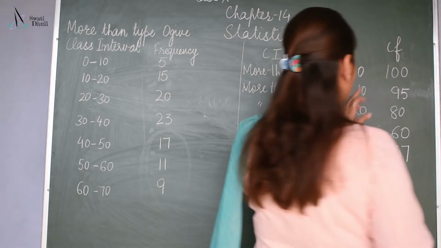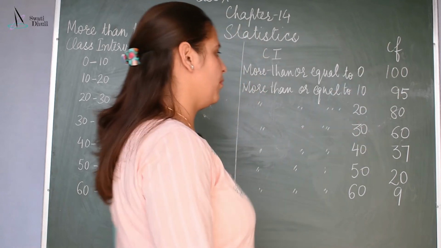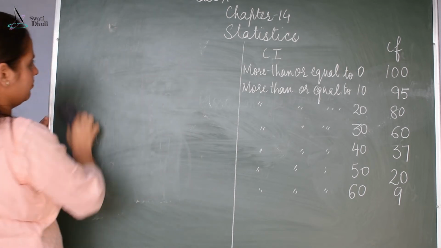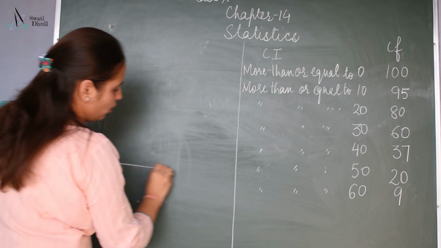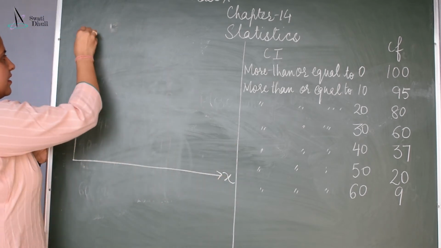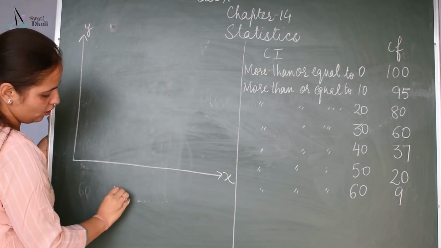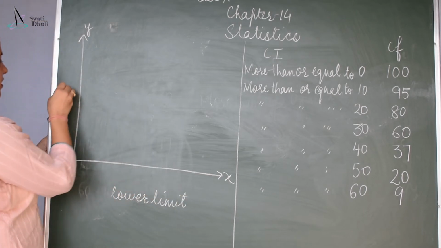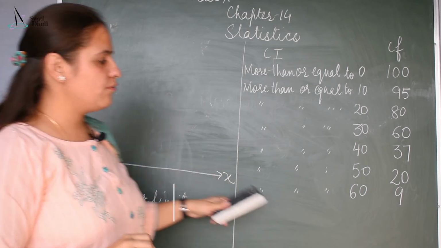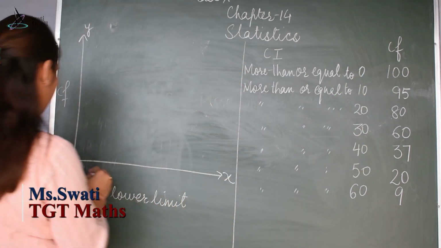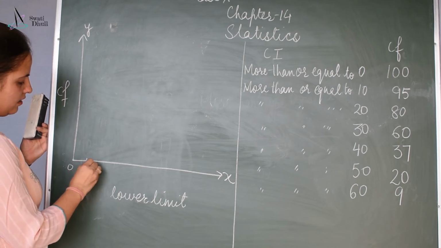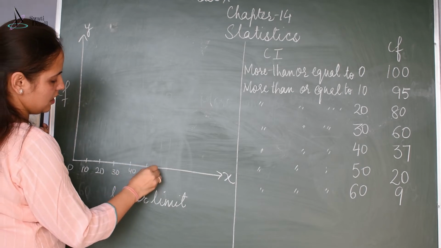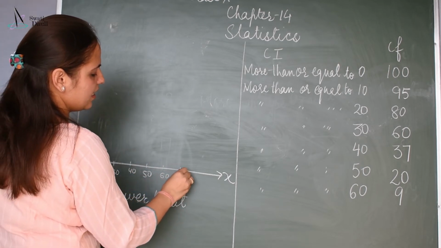So now we have got the lower limit as well as CF. Now we will plot the more than type ogive. Let's draw x-axis and y-axis. On x-axis is your lower limit, and here is your CF. Now from 0, we will have 0, 10, 20, 30, 40, 50, 60, 70 and so on.